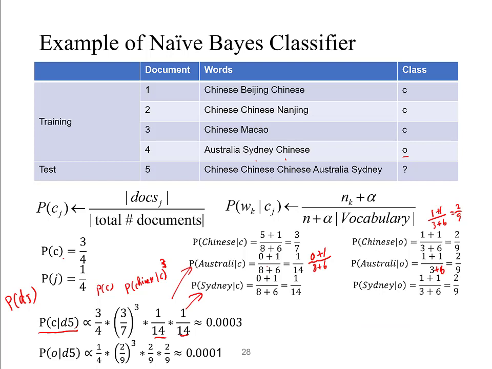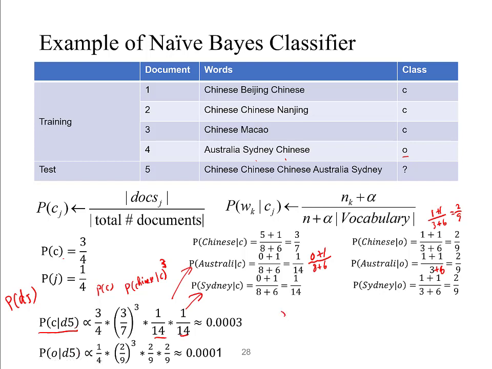Right. And similarly, we can compute the probability of O given D5, where you will get a smaller number. The actual probability is proportional to this number.